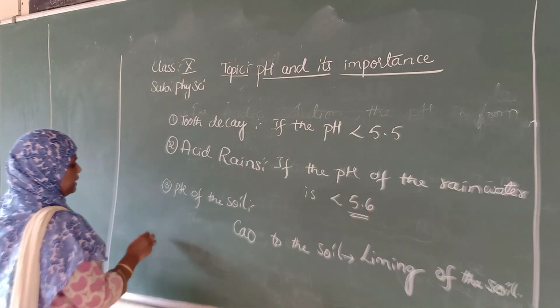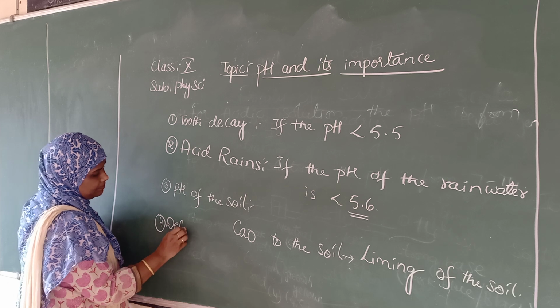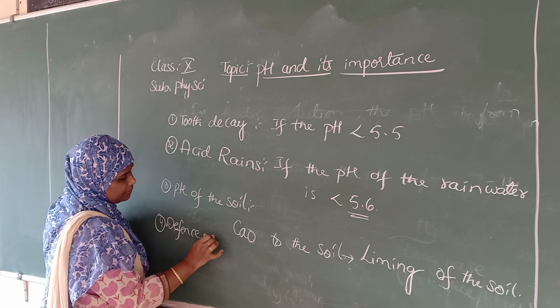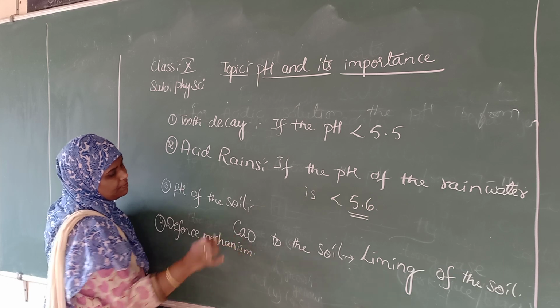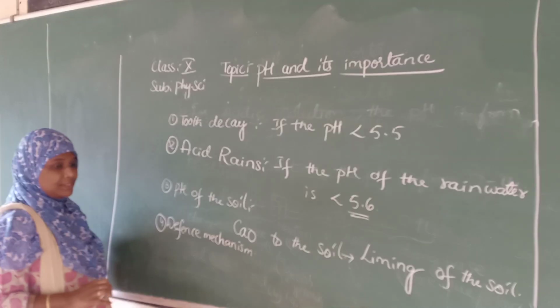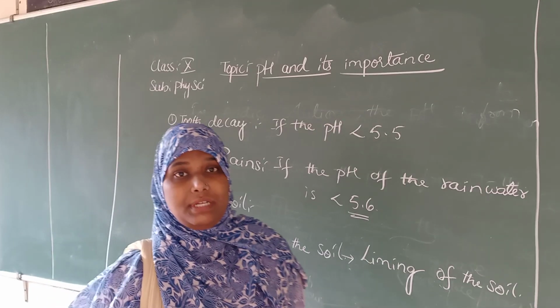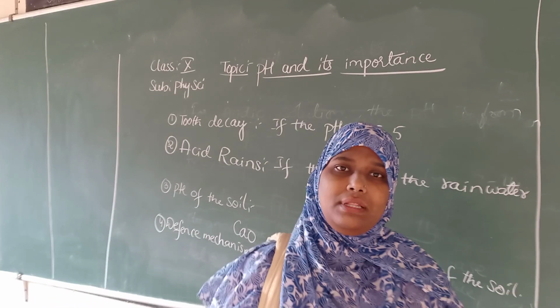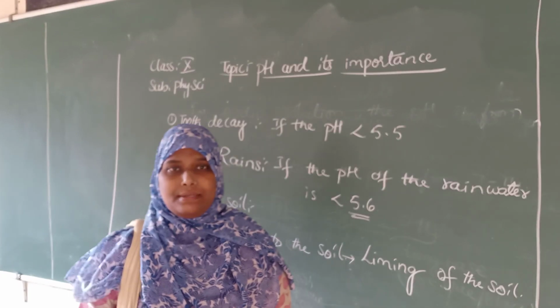Next, pH is even used as a defense mechanism by plants as well as animals. For example, we might have seen the sting of a honeybee, the sting of a wasp, the sting of the nettle plant. All these organisms are using pH.